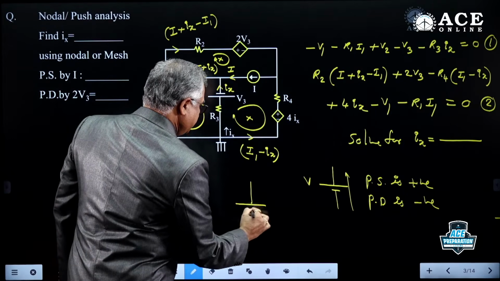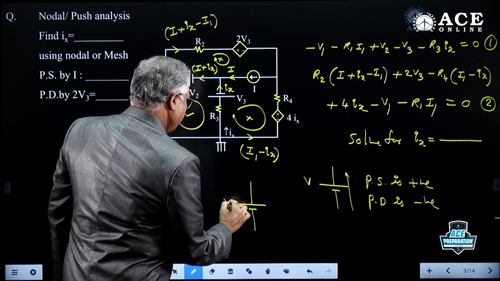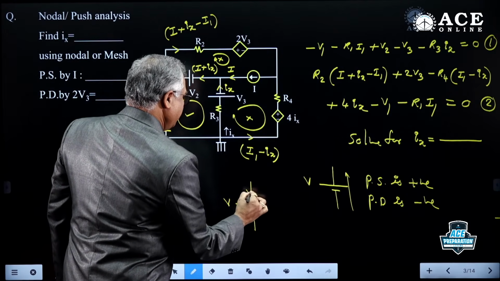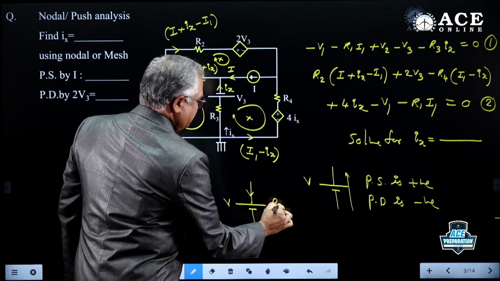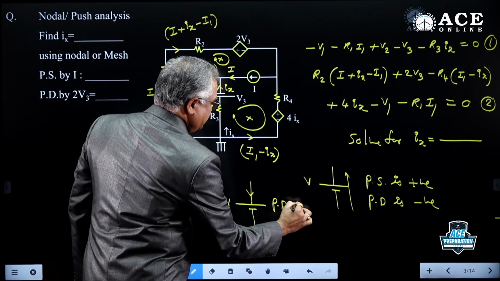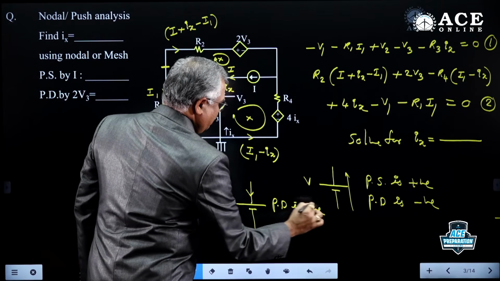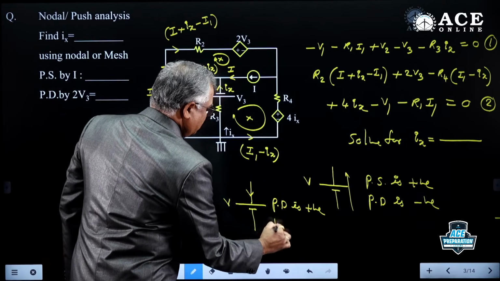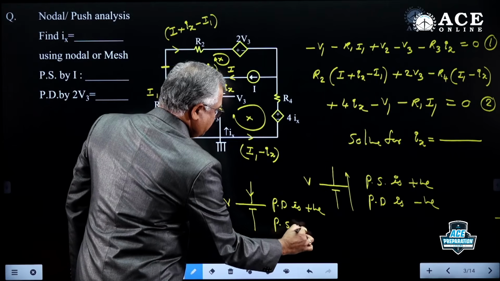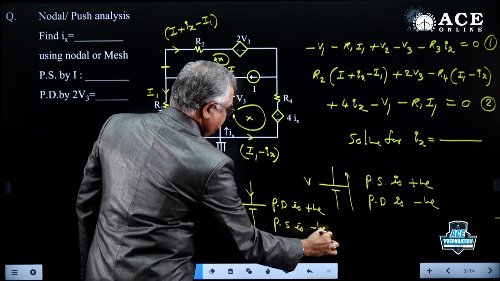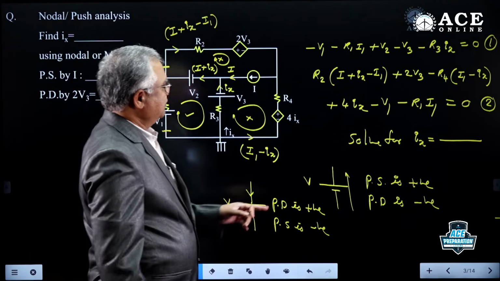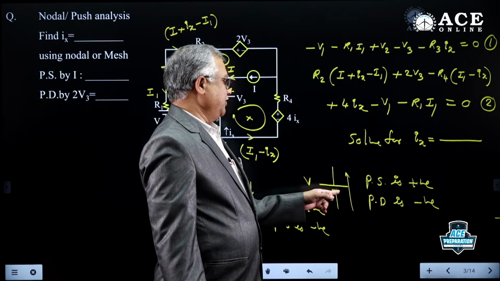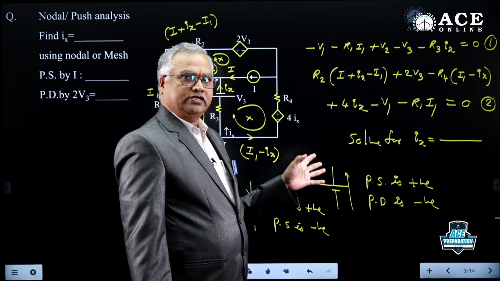What is the other convention? Current may go down, flowing from positive to negative. In this case, power dissipation is positive. If dissipation is positive, then power supplied is negative. Normally, when current is flowing from negative to positive, it is in supplying mode.